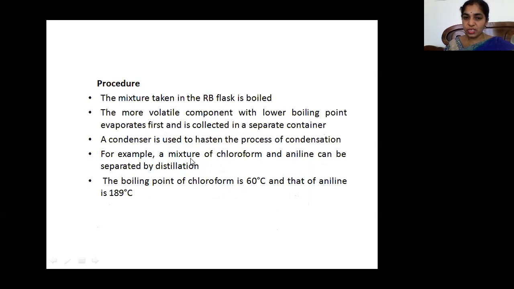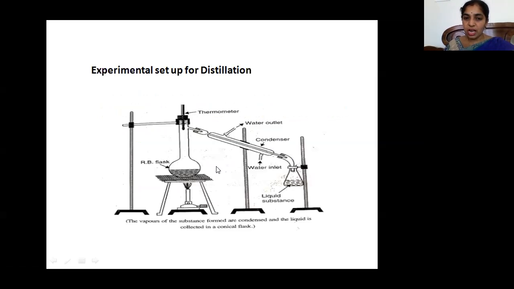Let us see the procedure. Already I have explained with the picture. The mixture is taken in the round bottom flask, which is boiled. The more volatile component with lower boiling point starts evaporating first, and it is collected in a separate container. So when you start heating, the more volatile one with the lower boiling point moves up as vapor.